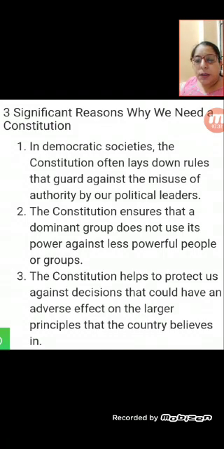to misuse their power. The second reason why we need the constitution is that the constitution does not allow the majority of the group to dominate over the minority groups. For example, in India, the people belonging to the different religions are living.